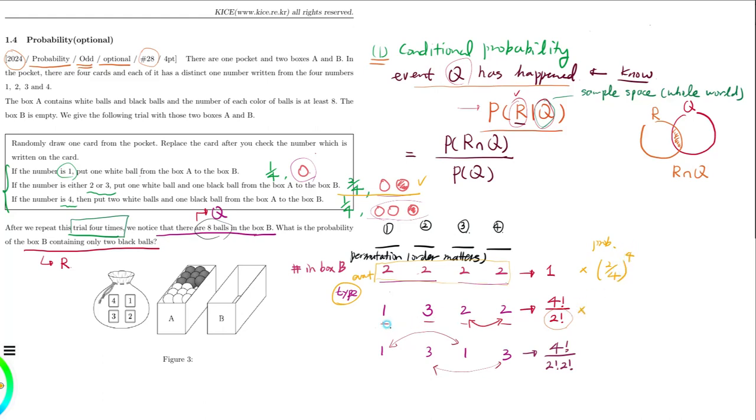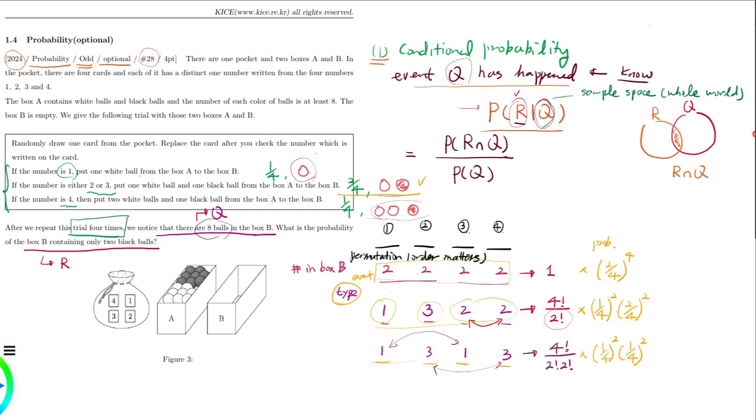In this case, 1, 3, 2, 2 type, the first trial 1 time, the third trial 1 time, and the second trial 2 times here. And this type of event has 2 times of trial 1 and 2 times of trial 3, like this.